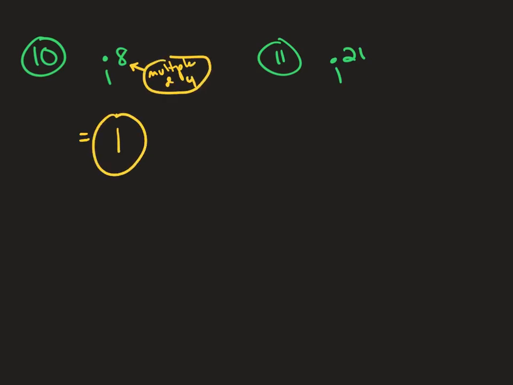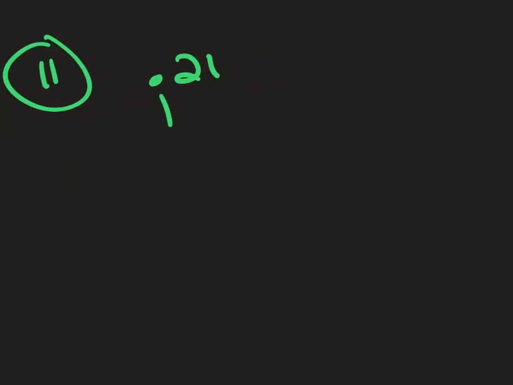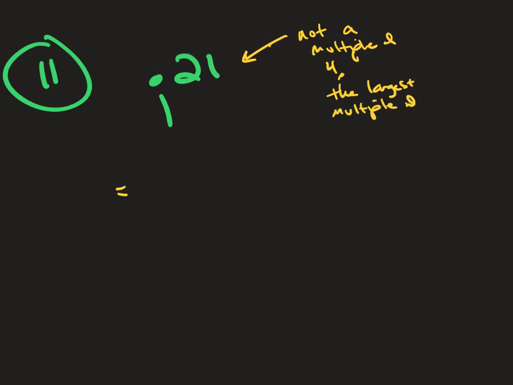So the whole thing just equals 1. i to the 21st, what you'll want to do, since it's not i squared, which we replace with negative 1, and it's not a multiple of 4, is look at the largest multiple of 4 that's in it. The largest multiple of 4 in 21 is 20.